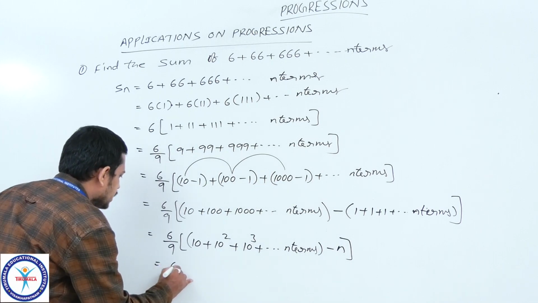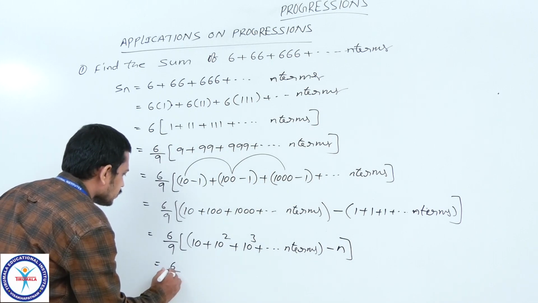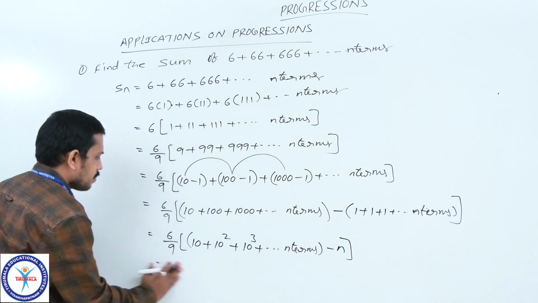So this is equal to 6 by 9 into 10 plus 10 square plus and so on.